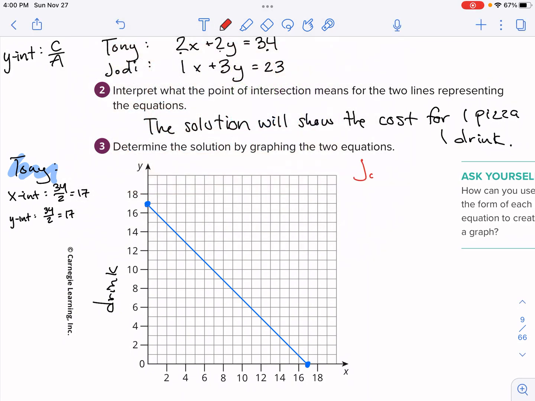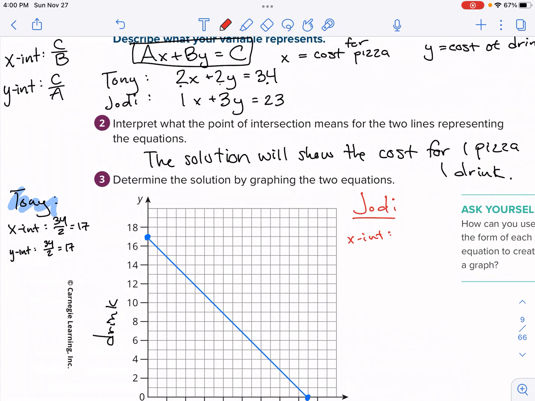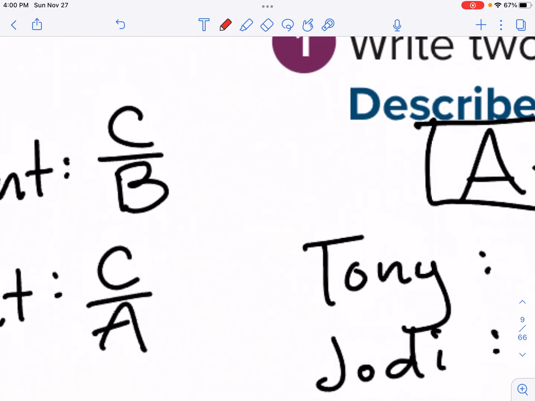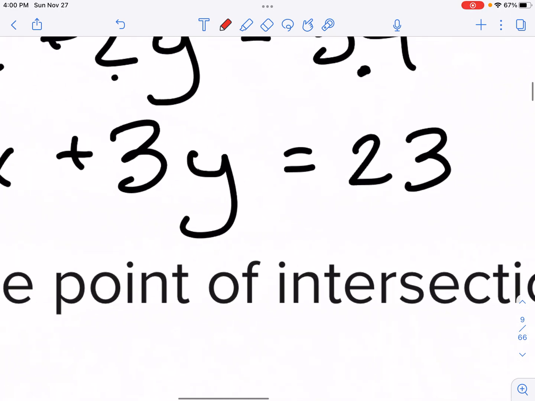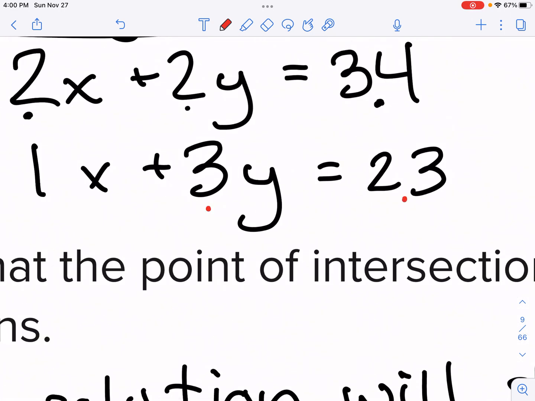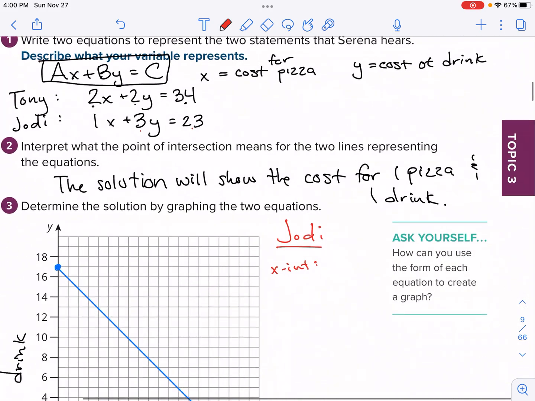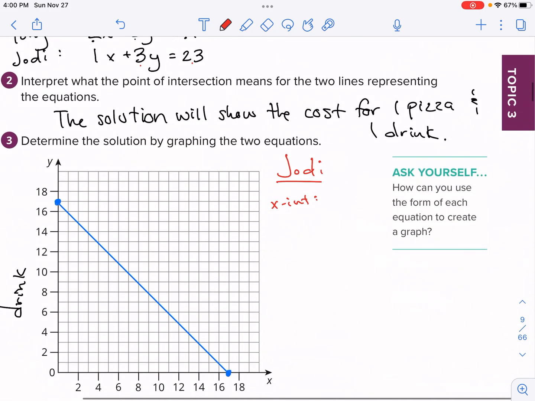Okay, so for Jody, we'll say for the x-intercept, this might go off the graph. The x-intercept here is c divided by b. Hers, c is this, b is this. It's 23 divided by 3. Now 23 divided by 3 isn't a whole number, so let's do some scratch work here. 3 can go into 23 7 times, because that's 21, with a remainder of 2.